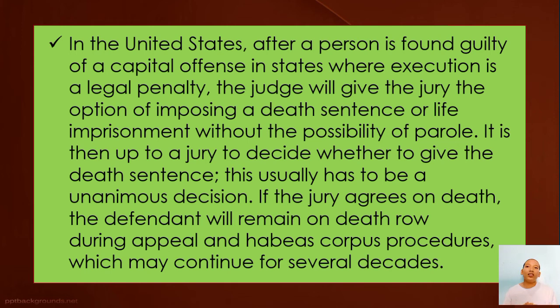It is then up to a jury to decide whether to give the death sentence. This usually has to be a unanimous decision. If the jury agrees on death, the defendant will remain on death row during appeal and the habeas corpus procedures, which may continue for several decades.